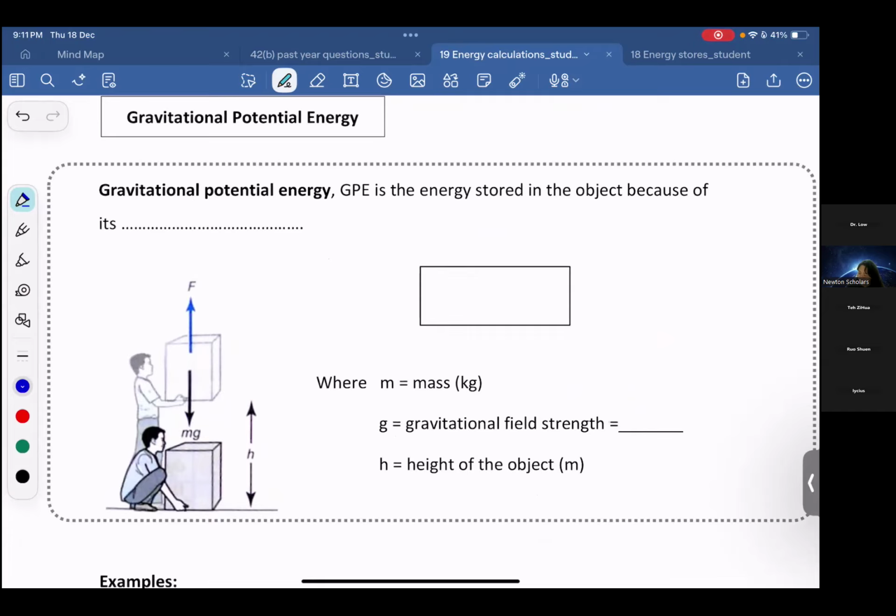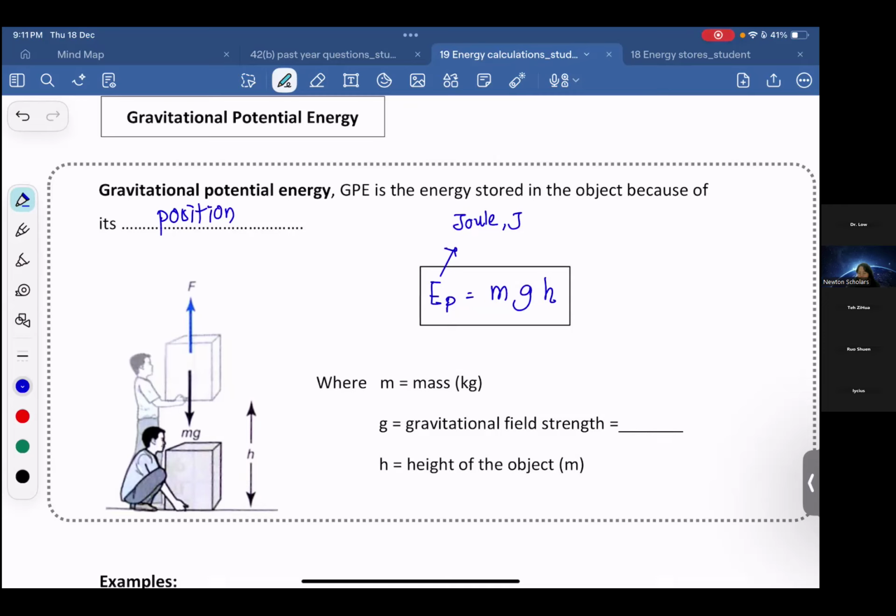GPE is the energy stored in the object due to the position. Okay, write down position, due to the height. So here, GPE, we can use the formula mgh. This one is also in unit of joule because this is energy.